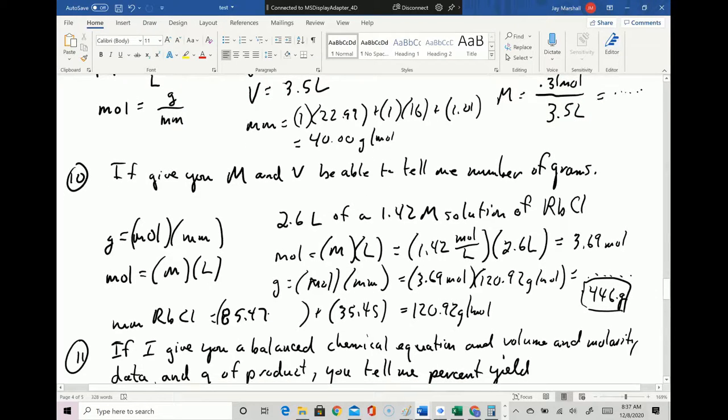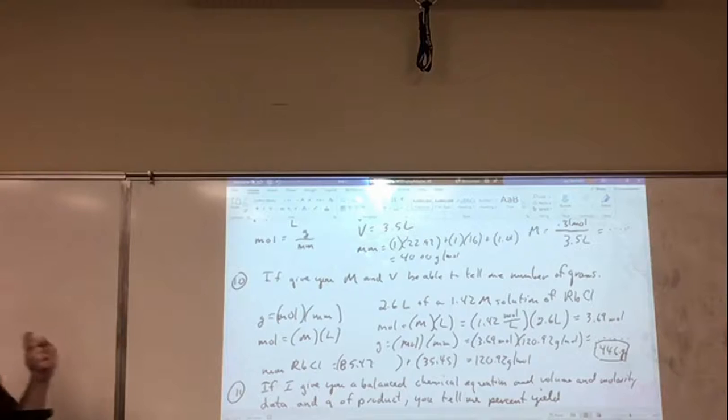Any questions about if I give you grams and a volume? Okay, if I give you molarity and volume, be able to tell me the number of grams. This is the one that's really important in the lab, right? Because this is the one where I'm going to have to figure out how many grams to use when I'm making a solution.